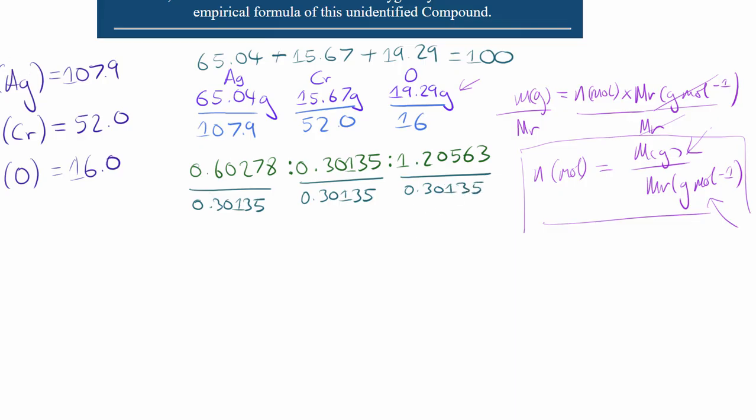And what does that give us? Well, for the Ag, we're going to get 2.00027, right? Now for chromium, we are dividing a number by itself, so of course we don't really need a calculator to know that that's going to just give us 1.